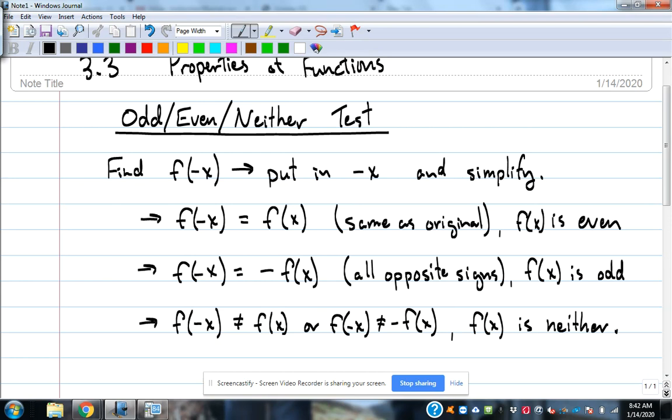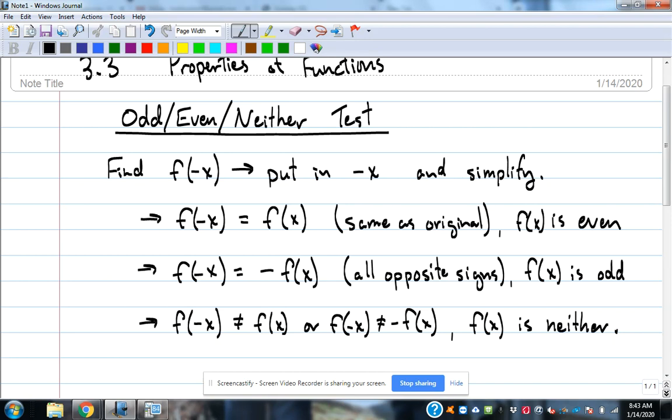Unlike numbers, numbers are either even or odd, right? And then there's only one number that's neither. What number is neither? Zero, neither even or odd. With functions, there are a whole lot of functions that are neither.